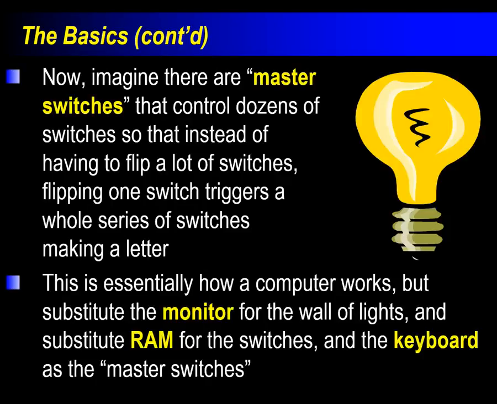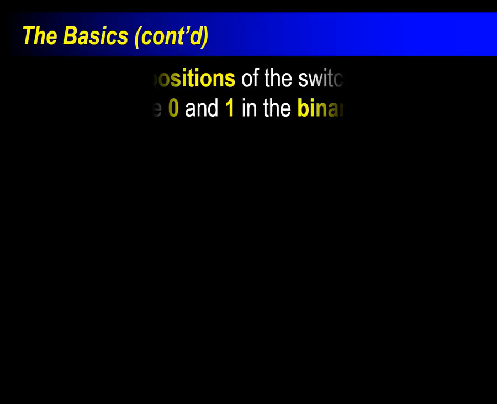If you have master switches that flick certain switches, you are essentially using one switch to flick multiple switches. Then what you essentially have is the monitor as the light bulbs, RAM as the switches, and the keyboard as the master switches. That is essentially what a computer consists of.